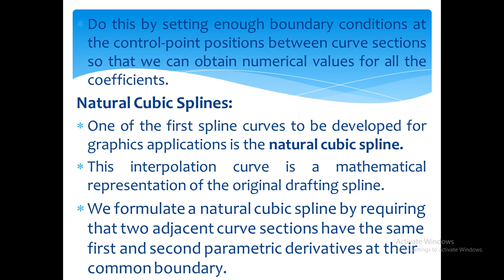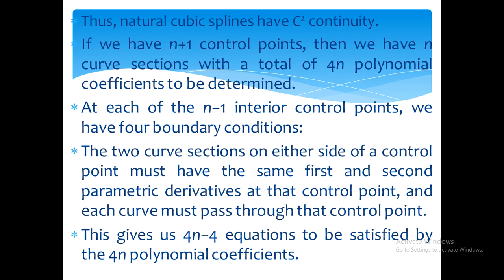They must satisfy this boundary condition: the end control point of the first piece and the starting control point of the second piece must have the same first and second derivatives at that common boundary. Thus the natural cubic spline has what is called C-square continuity. In general we call this continuity, meaning we have to check whether they follow the continuity conditions or not.